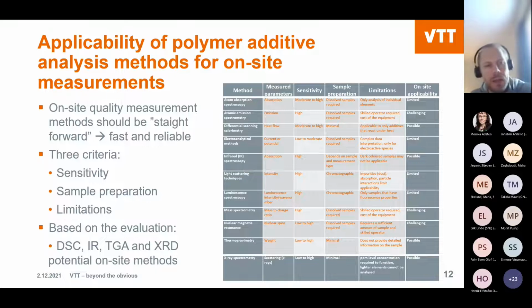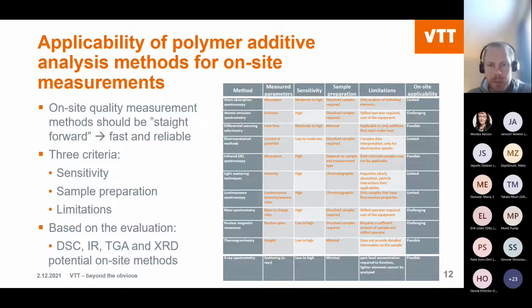So we had 3 criteria which we looked at for each method. We wanted it to be sensitive enough, minimalistic sample preparations, and then what kind of other limitations the methods have.